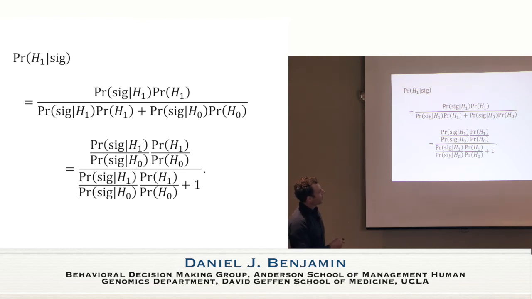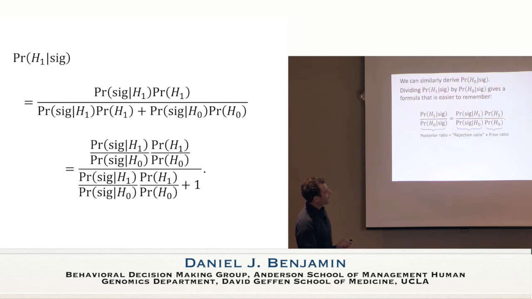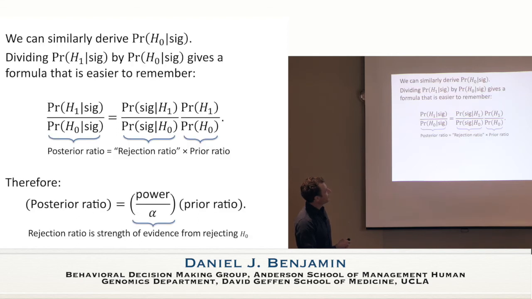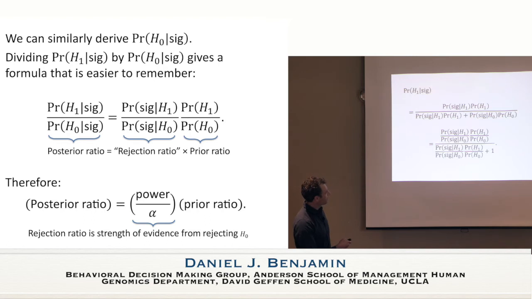So we can divide through by this term, and that gives us the probability of H1 given significant.